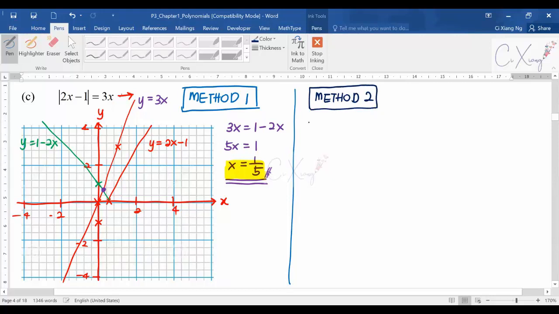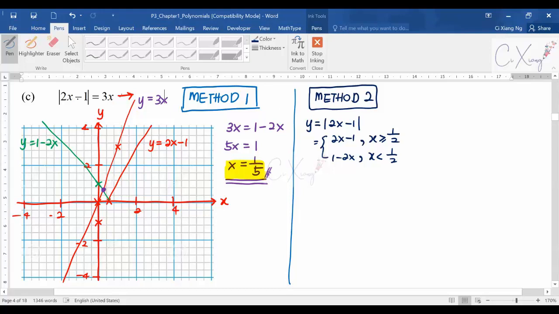Okay, so for method number 2, I want to use the non-modulus form to solve it. Okay, so again, y equals to modulus 2x minus 1, right? I can rewrite it as 2x minus 1 and also 1 minus 2x. So 2x minus 1 is for x greater than or equal to 1 over 2, and this one is for x smaller than 1 over 2. So the same thing happens here.